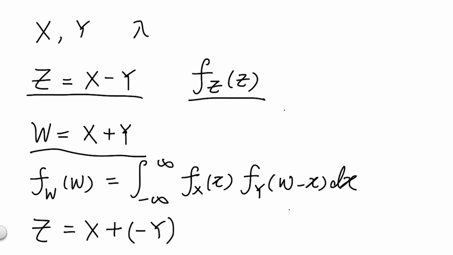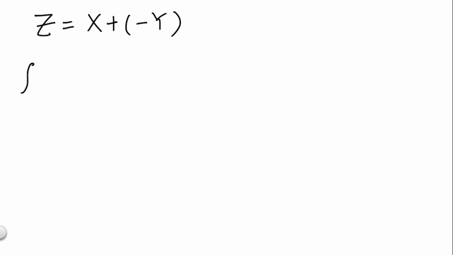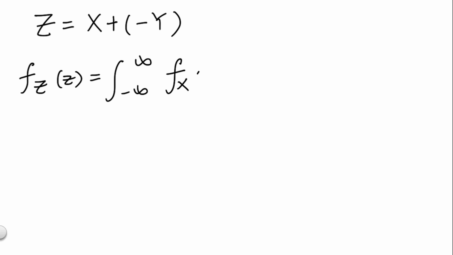So in the convolution formula, we'll simply replace y by negative y, as we'll show on the next slide. Using the convolution formula, we can write f of z, little z, as the integration of f of x, little x, and f of negative y, z minus x, dx.